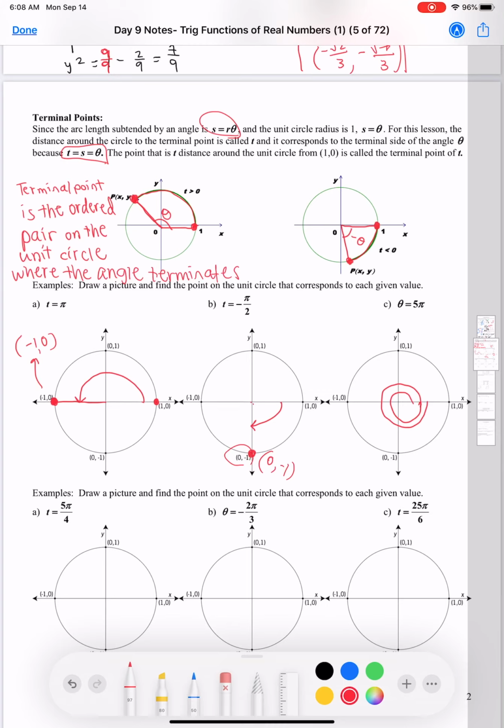So now I've got a total of 4 pi. So I have 1 pi left to get to 5 pi. So I'm not going to go all the way around, I'm just going to add 1 more pi. So that means I'd be stopping right here on my unit circle. And so that value is -1, 0.